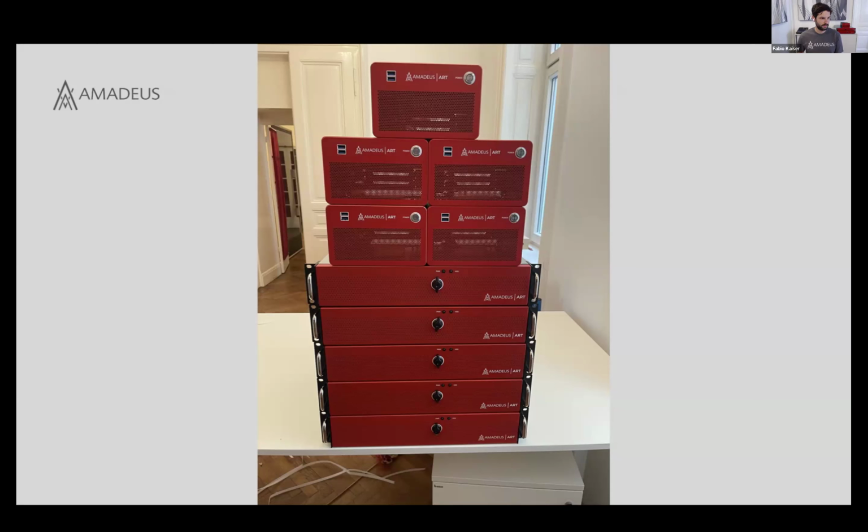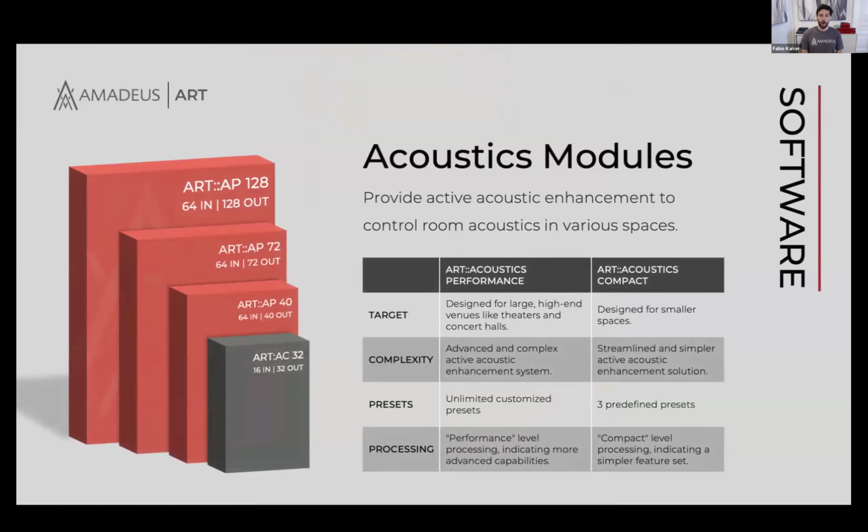And now we jump to the software side. We think in modules. So the Art platform consists of different modules. And the Art acoustics system can consist of acoustic performance modules or compact modules. And in a nutshell, the performance module has more functionality, the most advanced algorithms, and allows for more output channels and input channels, versus the compact module, which is kind of a streamlined version.